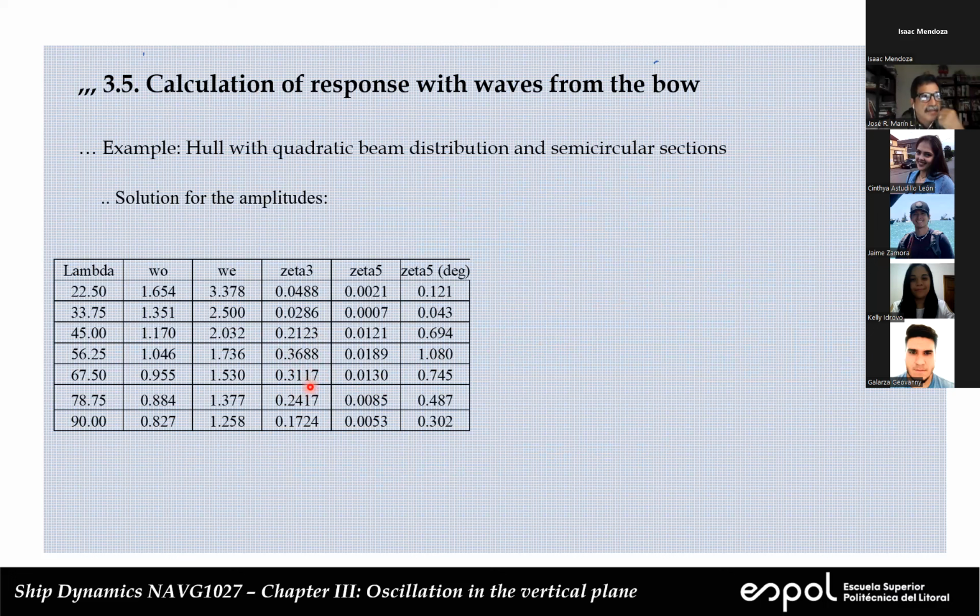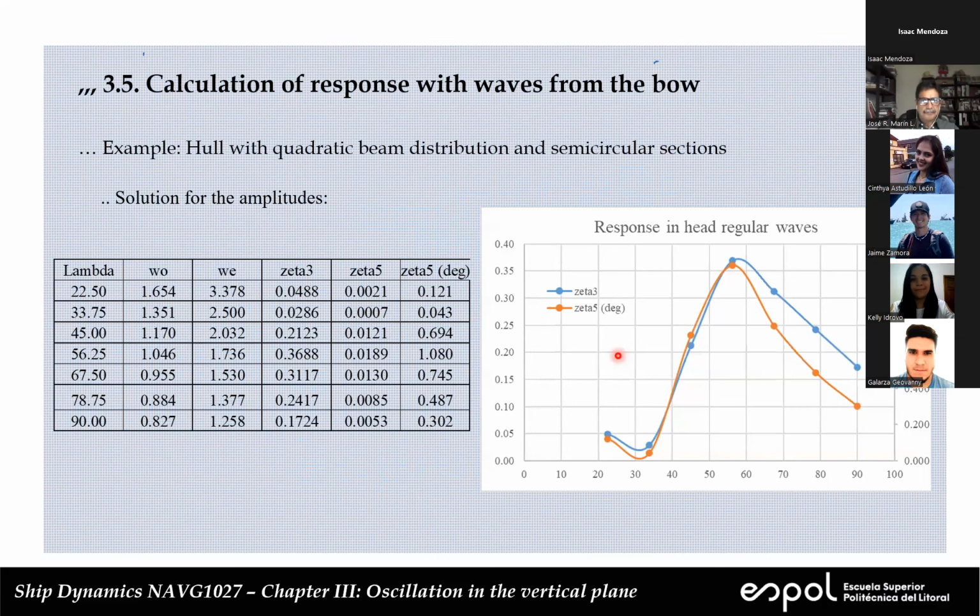Similarly for zeta 5. And here, what I did was I changed the units. So these are radians, I changed it to degrees, since it is more physical to have an angle in degrees rather than in radians, right? And then I'm going to plot it.